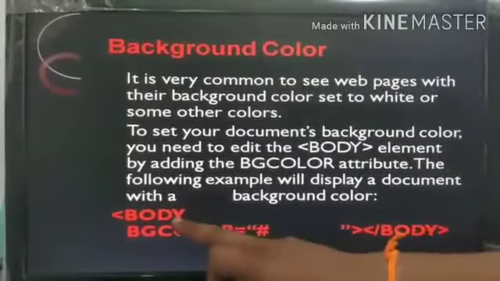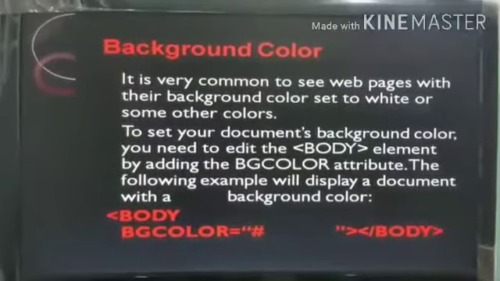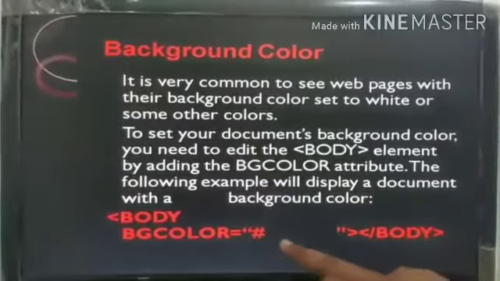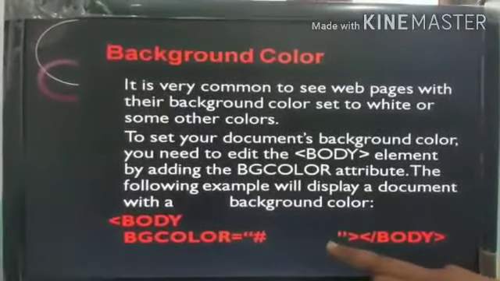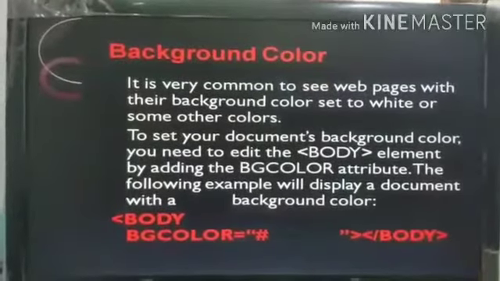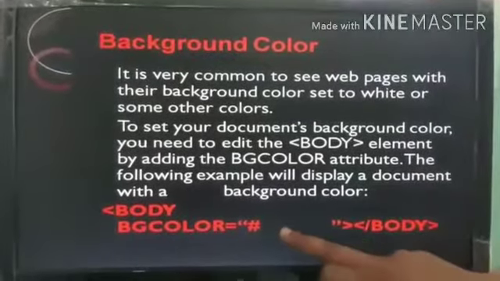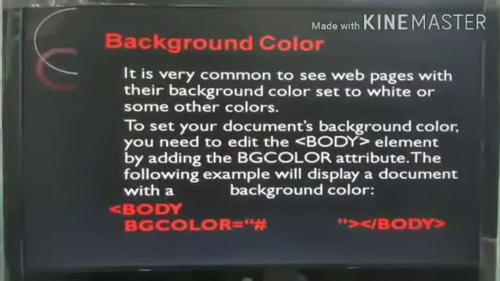First we have to use the body tag and then a space. We have to write down the BG color, that is the attribute of body tag, and the value of the BG color we have to write inside the double quotation marks, where we use the hexadecimal code of any color as well as the color name. So the background color which we have specified inside the double quotation marks is applied to the whole web page.